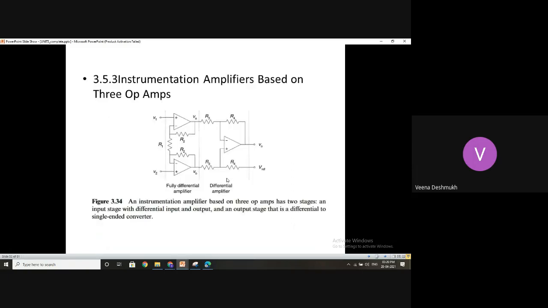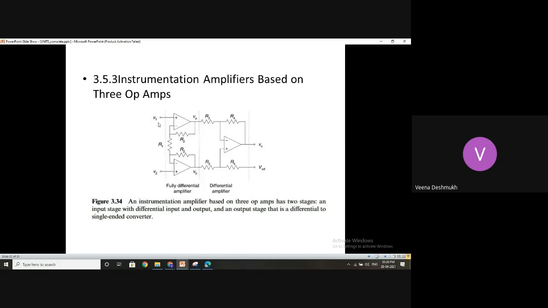So what is this 3 op amp based instrumentation amplifier? Just see the configuration here. V1 is one of the inputs and V2 is another input. Both of them are connected to non-inverting terminals, and R2 and R2, the equal value resistors, are used as feedback.